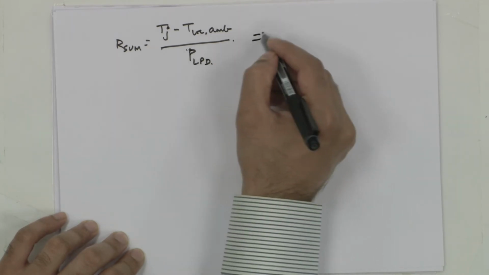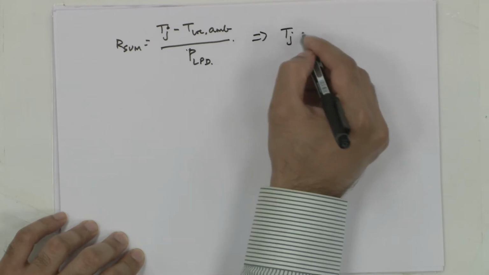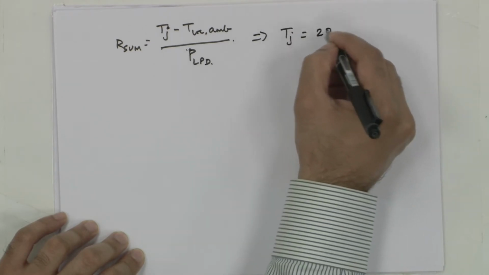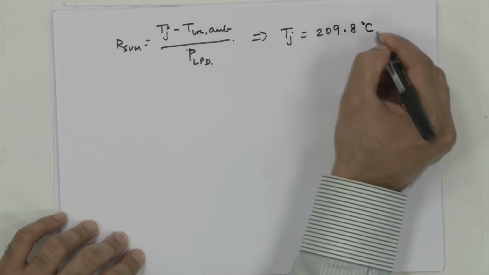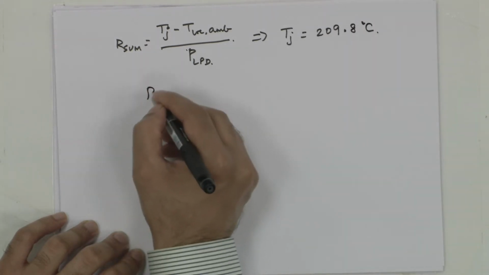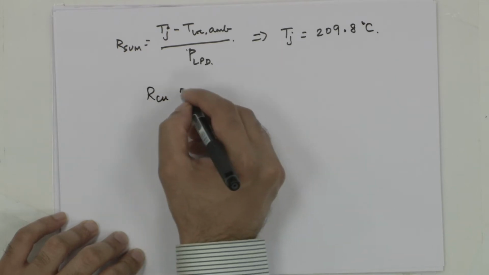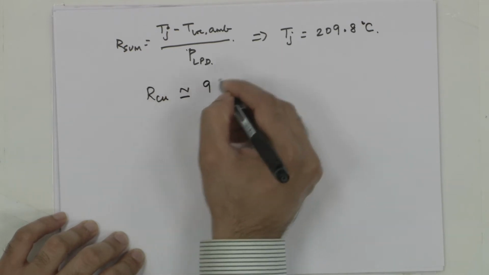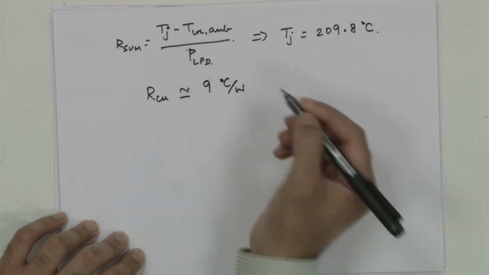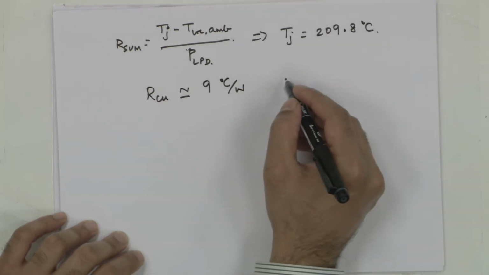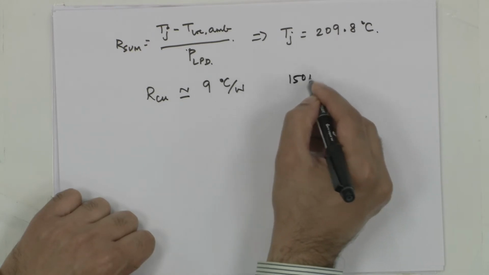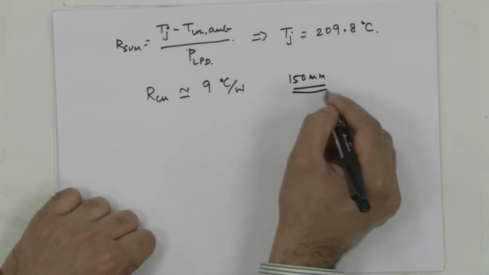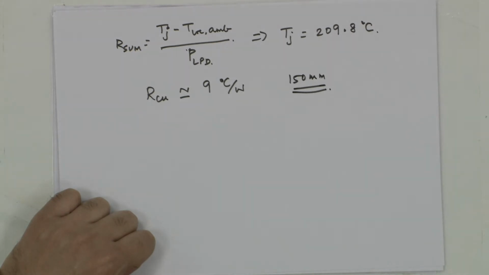Using this relationship, we can calculate T junction to be 209.8 degrees Celsius. So, one sees that the copper has very high thermal resistance, even though copper has high thermal conductivity, because it has to carry over 150 mm of length, that this becomes an extremely challenging task.